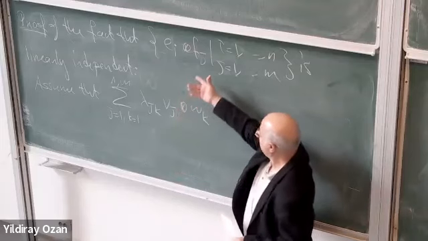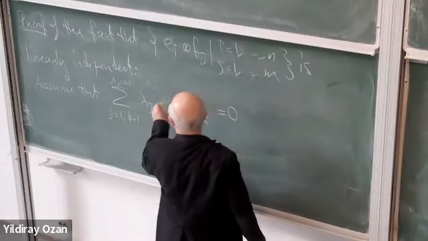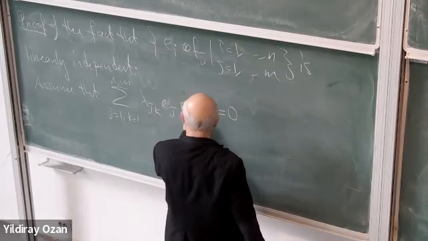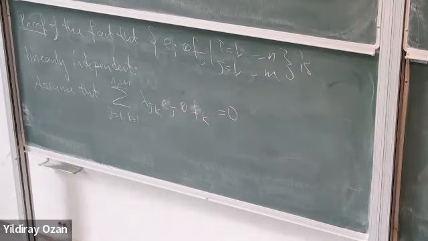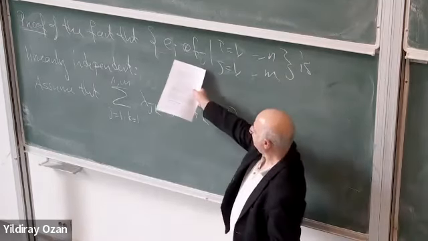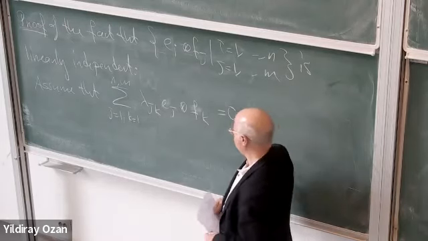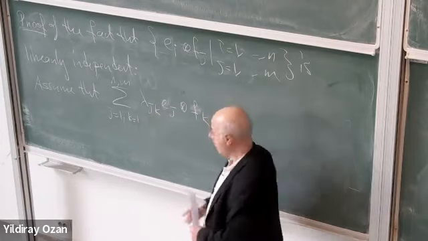Let's say these form a linear combination. What do I need to show? For this set to be linearly independent, I have to show that all these scalars are zero.